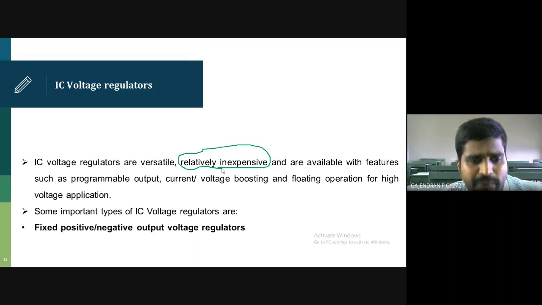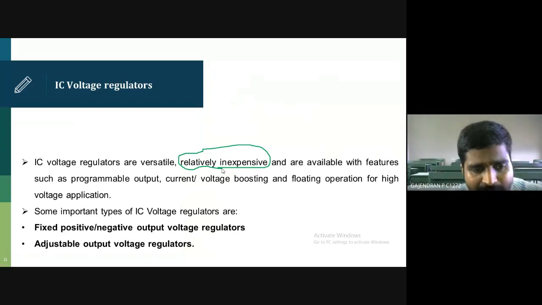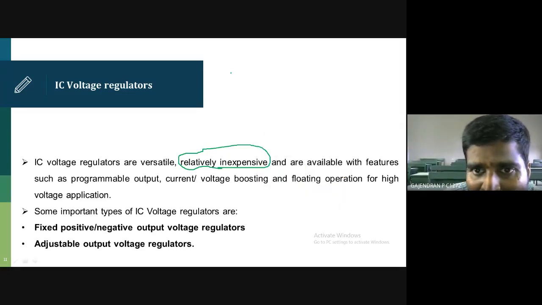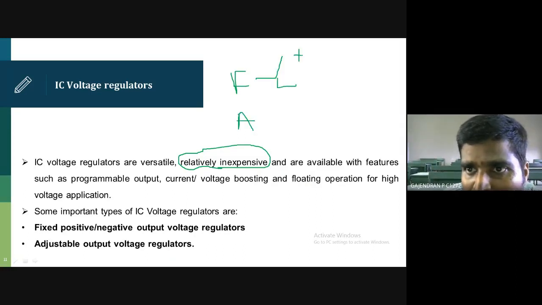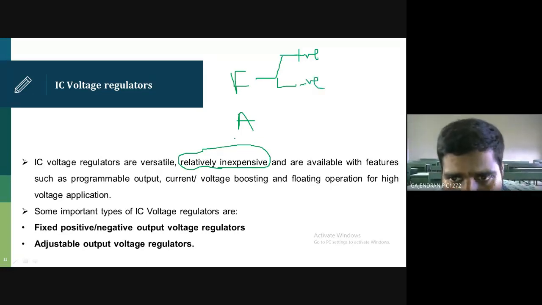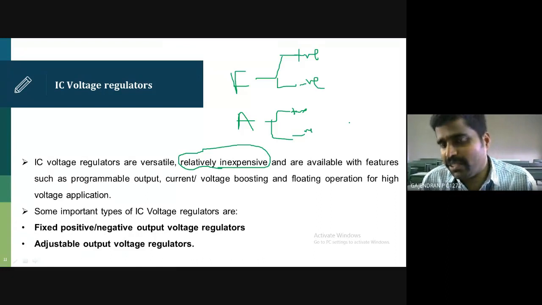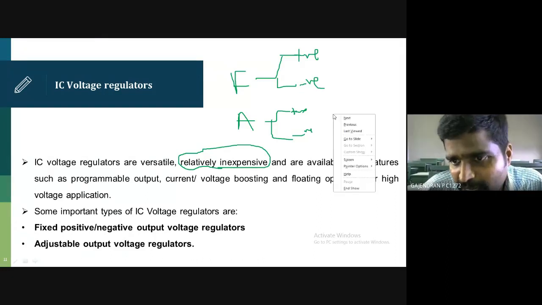Fixed positive or negative output voltage regulator is one type, and the second type is adjustable output voltage regulator. You can take it as fixed and adjustable. In fixed you have two types, positive and negative. Adjustable also has two types, positive and negative. How many types in total? 4 types. Okay? Let's see only fixed, it will be very simple.